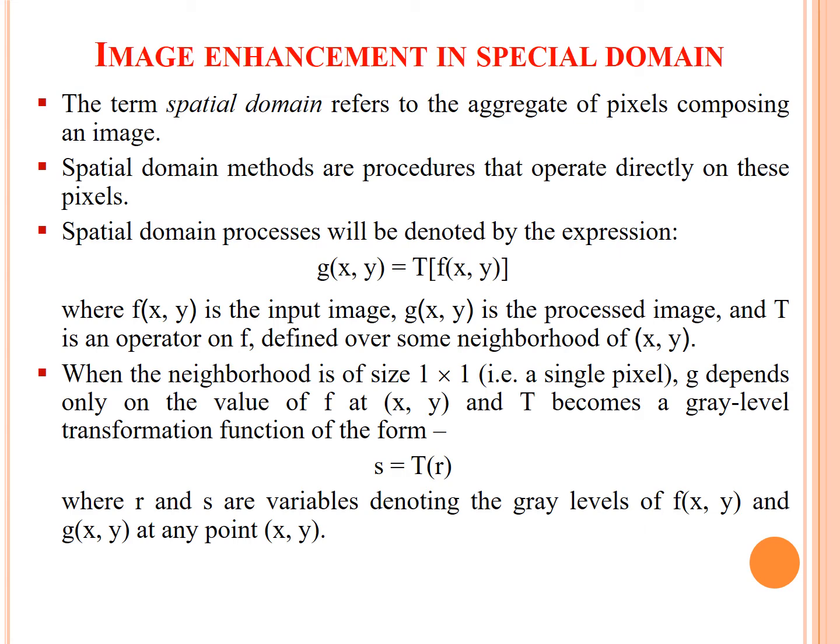The simplest form of T is when the neighborhood is of size 1 by 1, that is a single pixel. In this case, g depends only on the value of f at (x,y), and T becomes a gray level transformation function of the form s = T(r), where r and s are variables denoting gray levels of f(x,y) and g(x,y) at any point (x,y).